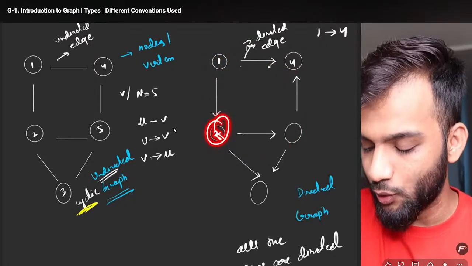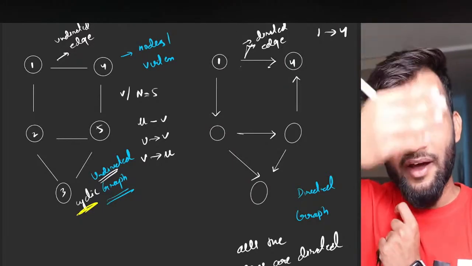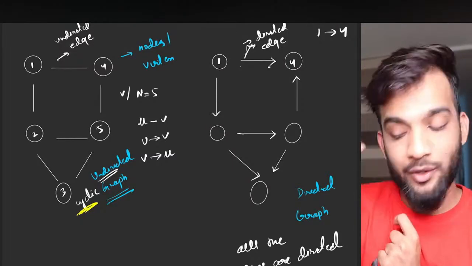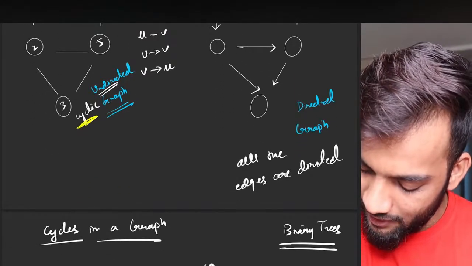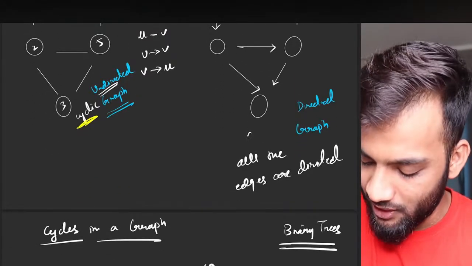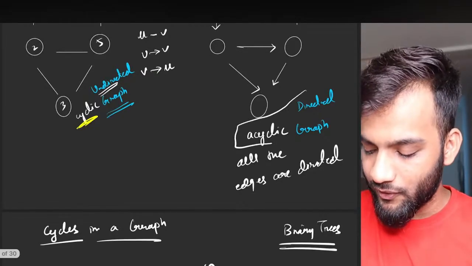We are starting at this particular node, but we are not ending over here. So unless we start from a node and end there via some path, I'll tell you what a path is, we don't call that a cyclic graph. So it's generally known as an acyclic graph. Acyclic means no cycle. So directed acyclic graph is what we call this.